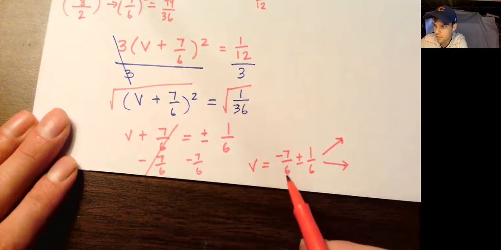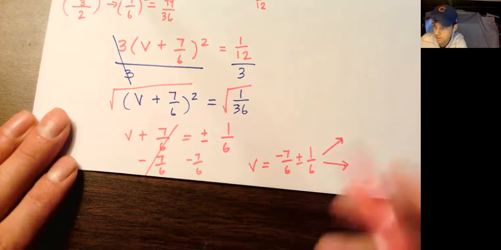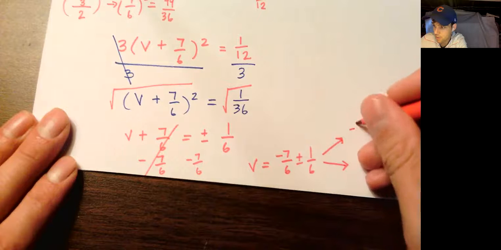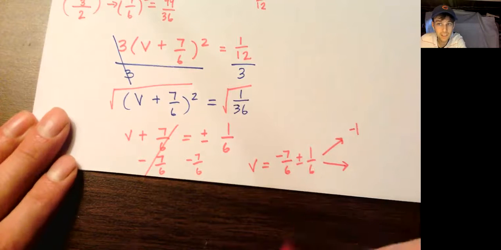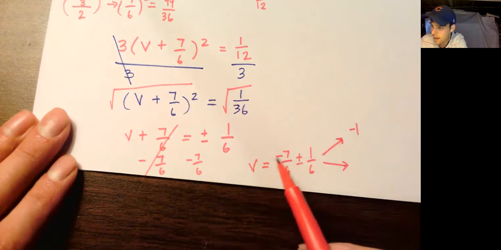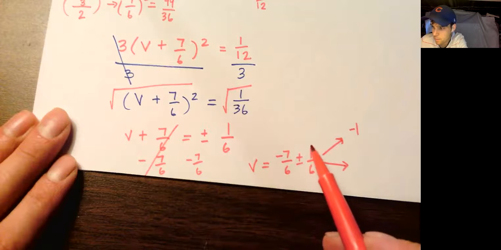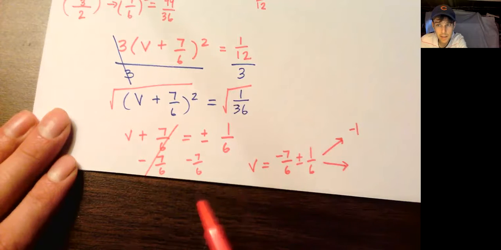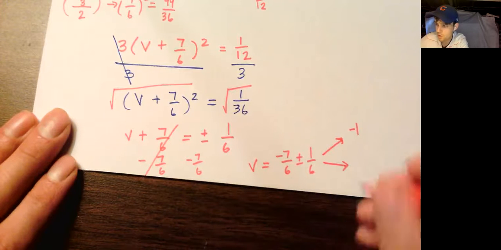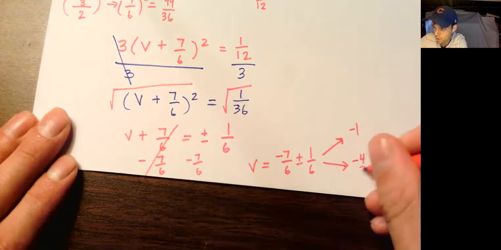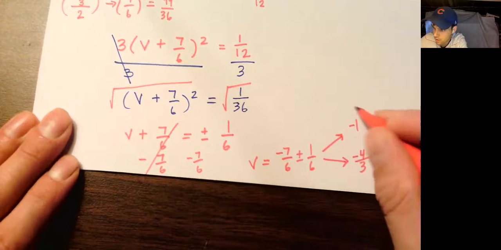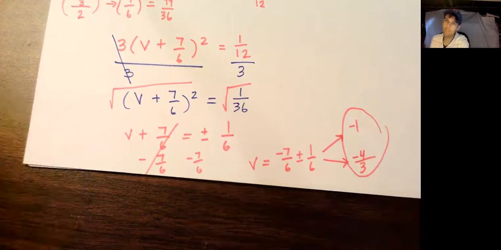So -7/6 plus 1/6, that's actually just -6/6, which is -1. And then -7/6 minus 1/6 would be -8/6, which reduces to -4/3. So these are actually our two solutions.